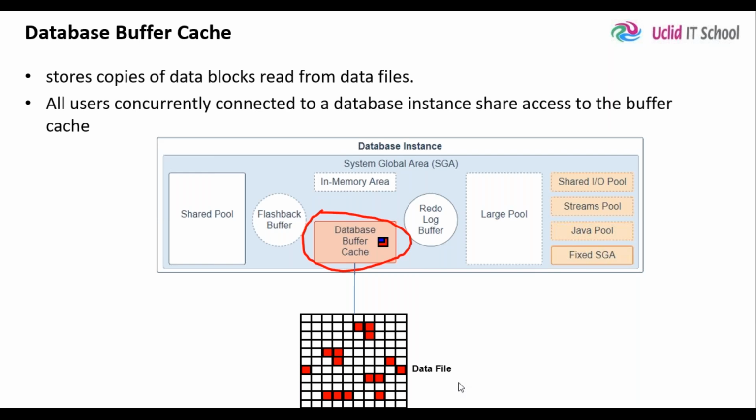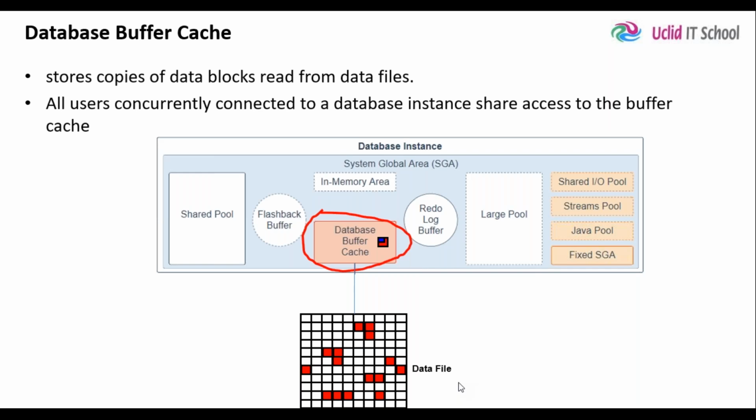Now, data files are on the disk. So to speed up access to the data, these blocks are read into memory. Which part of the memory? The database buffer cache.